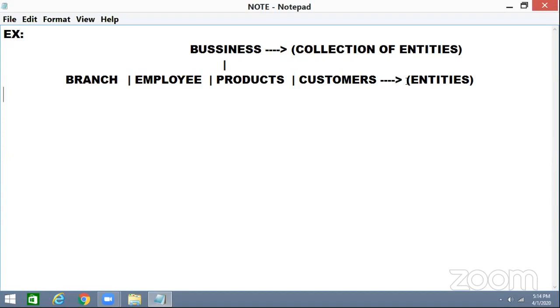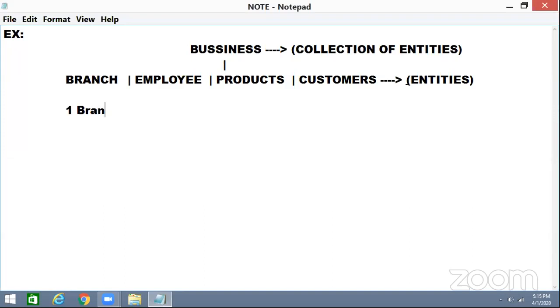For example, initially I established only one branch. Fine. So one branch is established initially in our business.